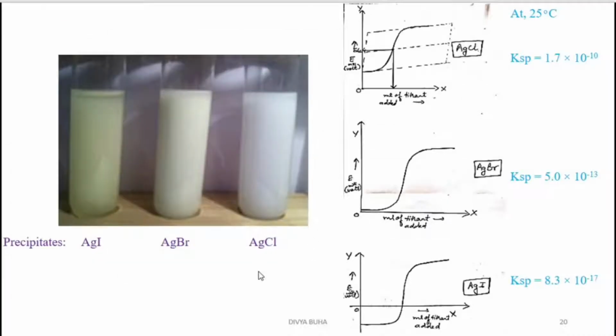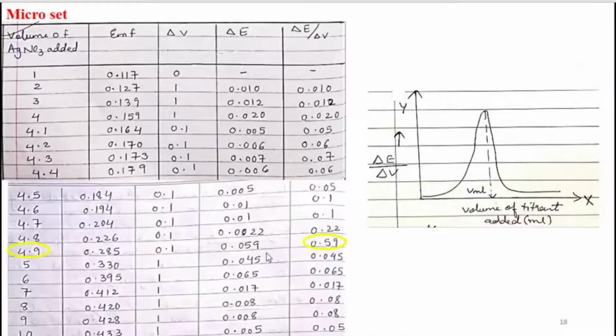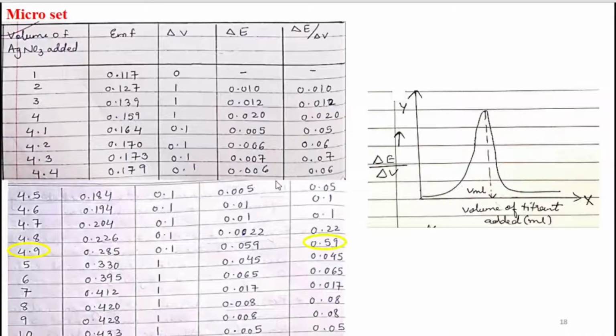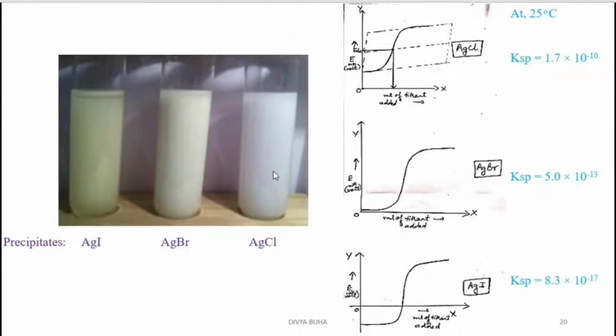Now over here you can see that these are the precipitates of silver iodide, silver bromide and silver chloride. This would be the white precipitate of silver chloride. Then silver bromide precipitates would be slightly yellower and silver iodide would be more yellowish than this one. So if you are given the KCl solution initially and you are titrating it against AgNO3, you will be getting white precipitates.